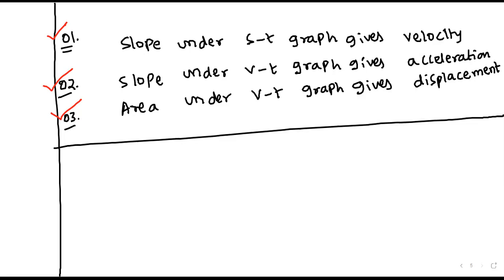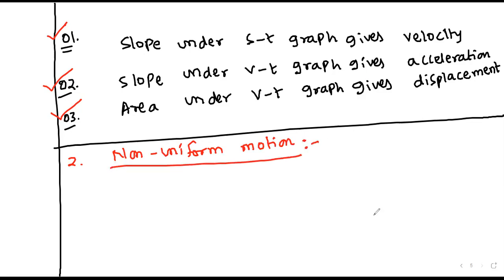Now, the second one is non-uniform motion. We need to draw the graphs for displacement-time and velocity-time. In non-uniform motion, we'll have 2 types.